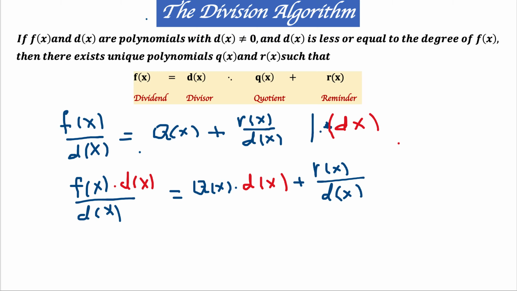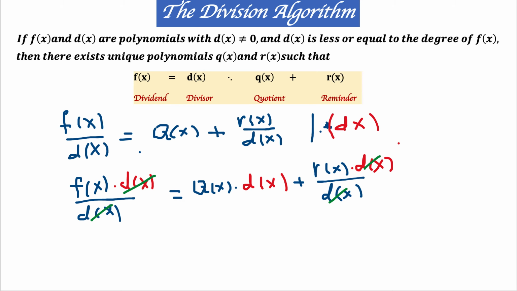Let me change the color, maybe it looks a little bit better. I am multiplying the third term by the divisor d of x. And now we can simplify: we are looking at what we can simplify, d of x in the first and the third term.